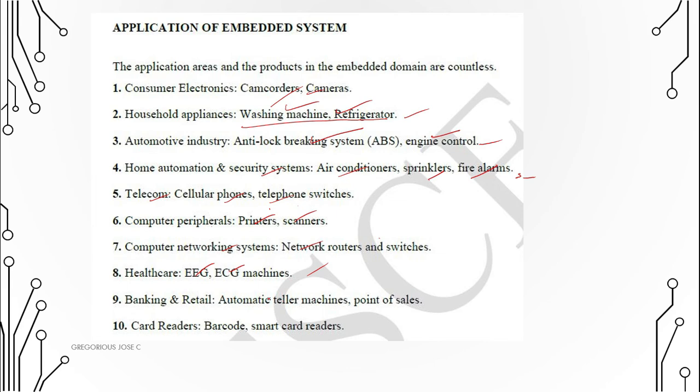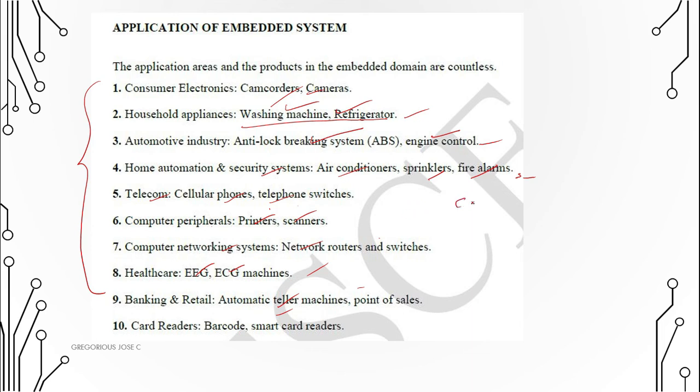Next is banking and retail: ATM machine, automatic teller machine, and such things. The tenth one is card readers, barcode readers, smart card readers. So these are a few examples of embedded systems. A wide variety of applications use embedded systems.